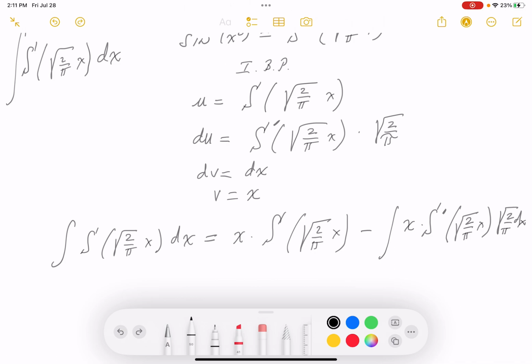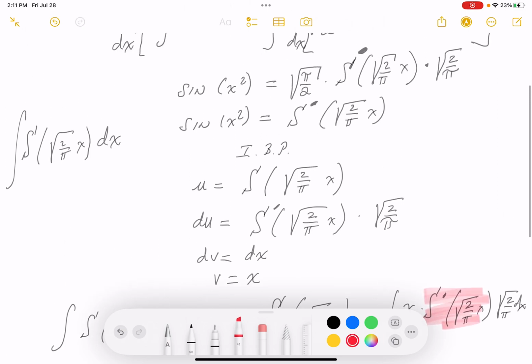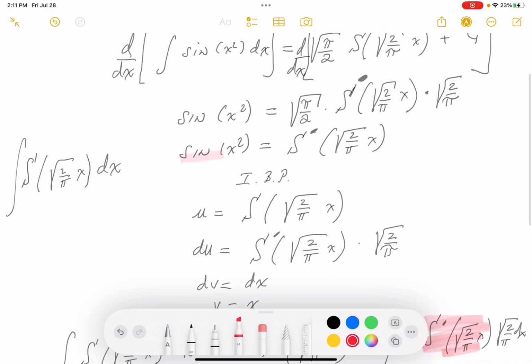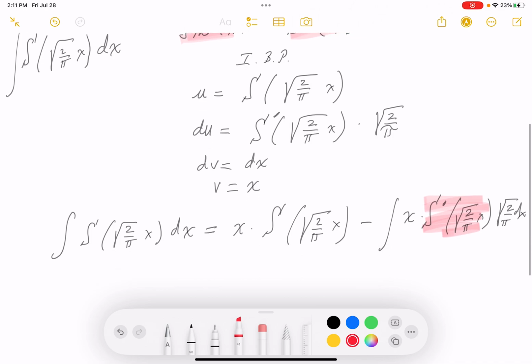Let me go backwards on that. Let's go back up here, and just this guy. So I've got to rewrite it as x.